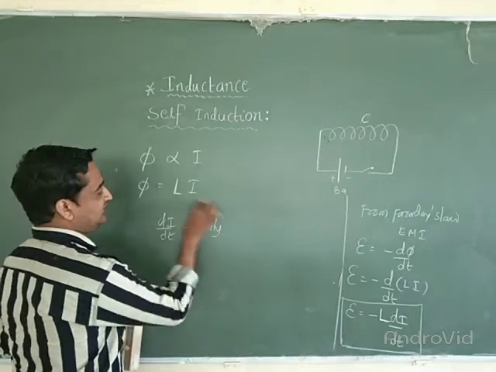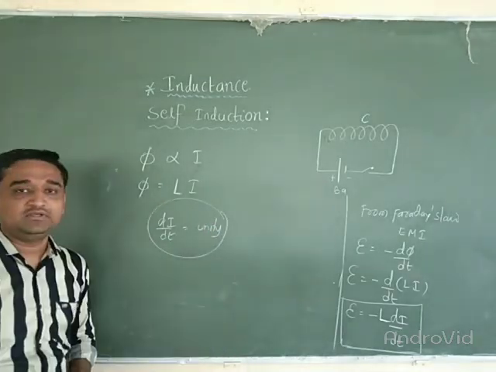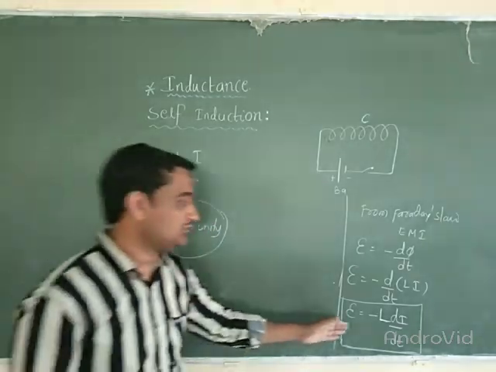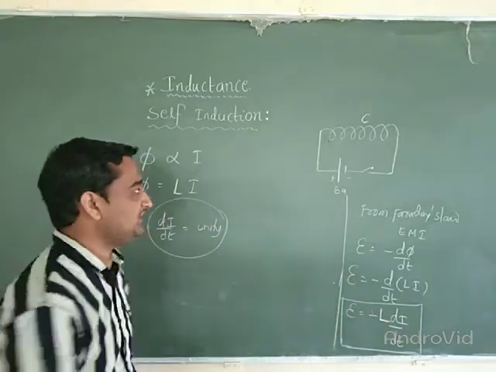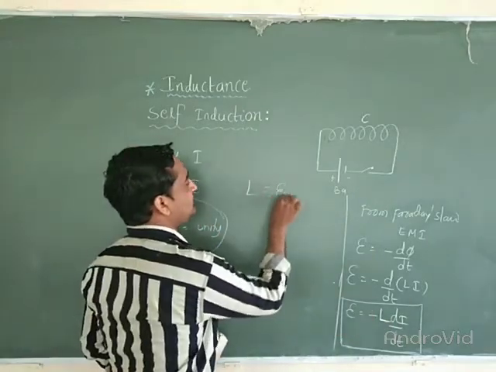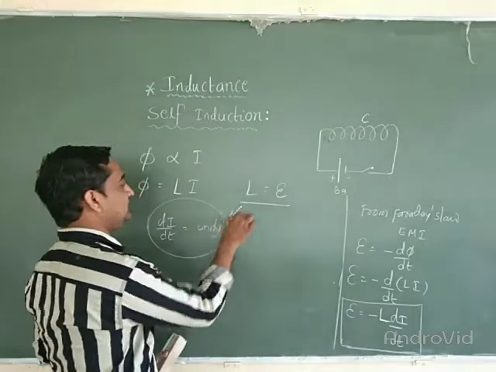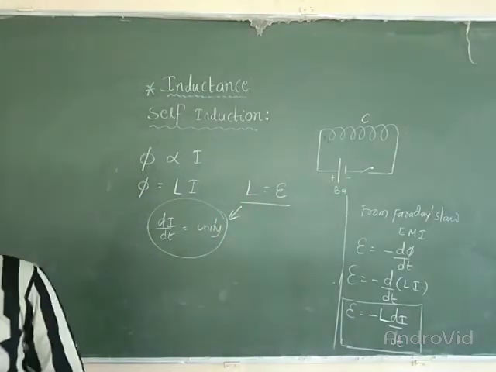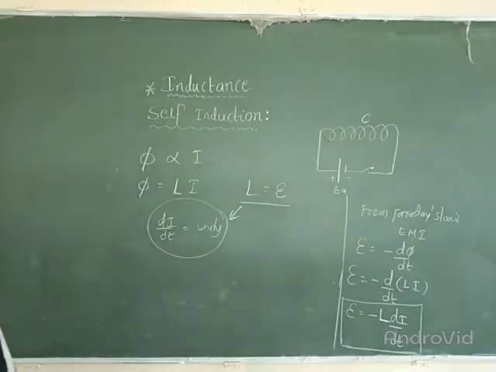The self-inductance of the coil is numerically equal to the induced EMF when the rate of change of current through the coil is unity or 1.